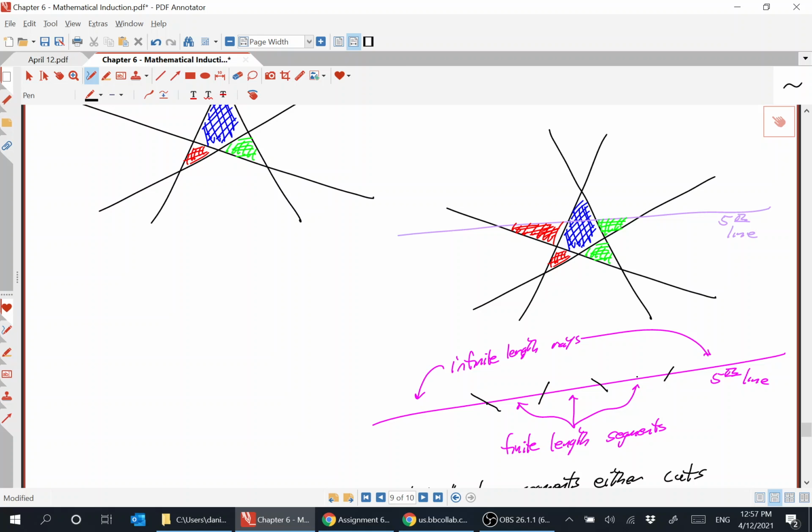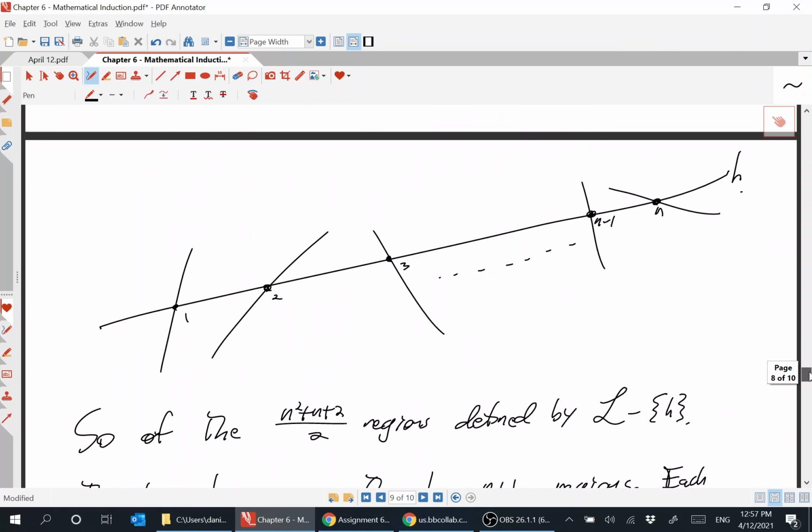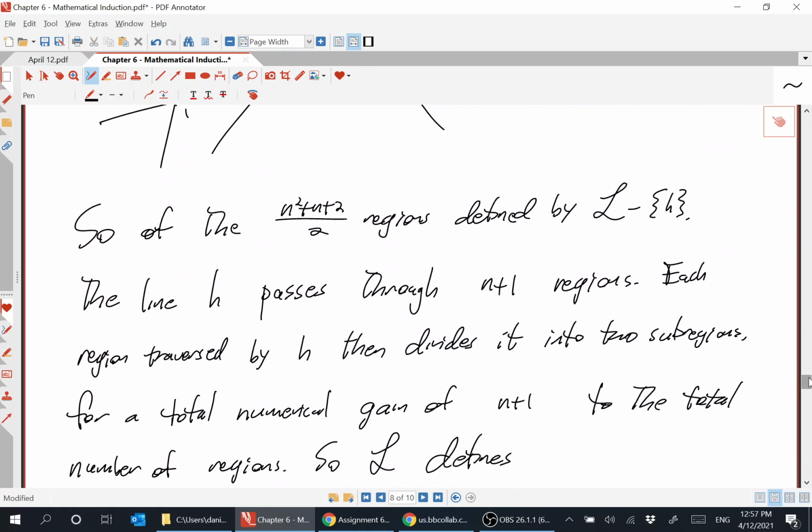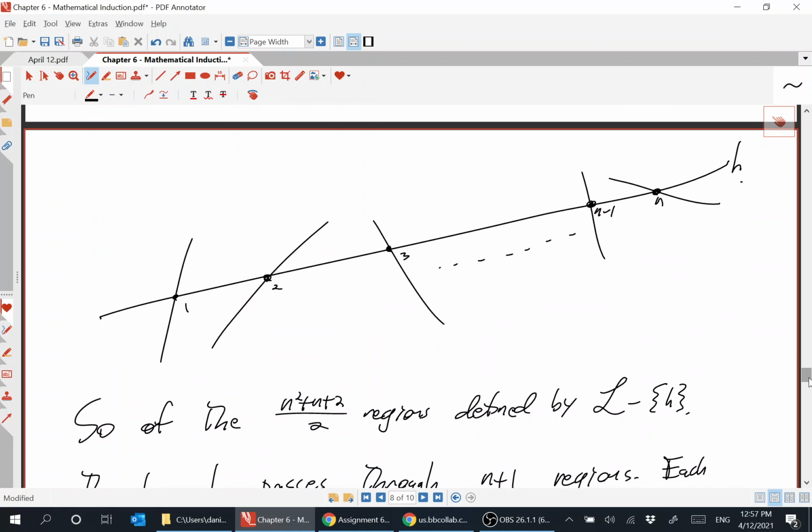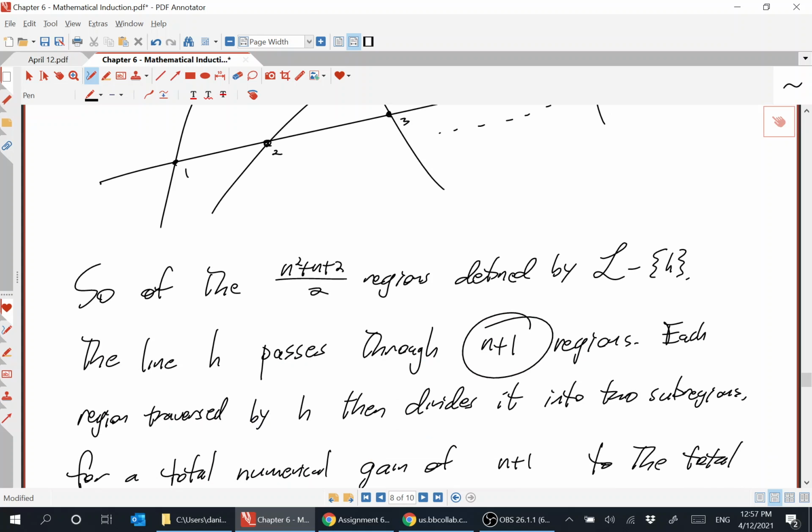Right? So whereas the increase in the number of regions by the n plus first line up here, we threw in that new line h, and the number of regions increased by n plus 1.